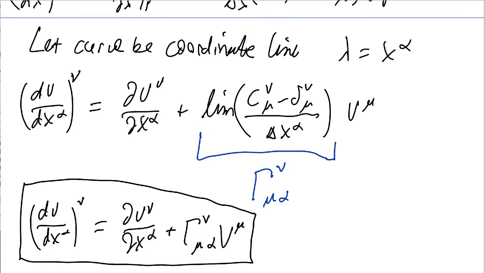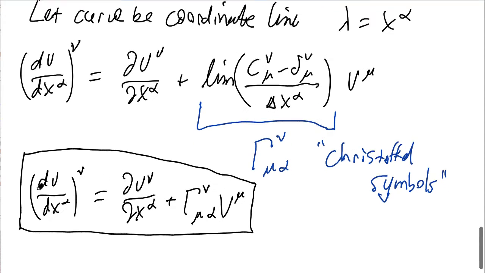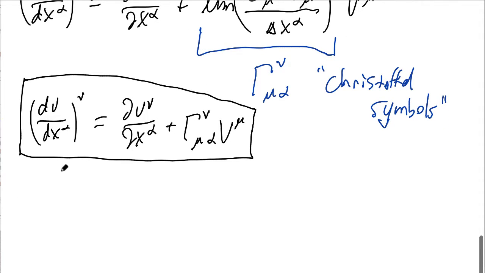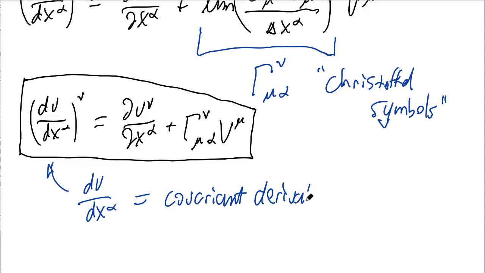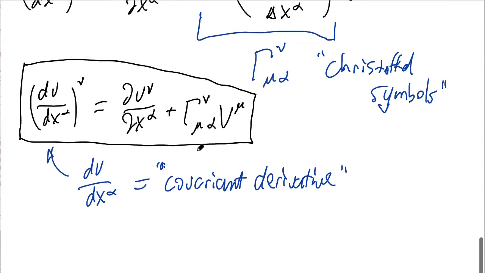The gammas are referred to as the Christoffel symbols, and this quantity dv/dx is referred to as the covariant derivative. We'll invent a more compact notation for this later on, but let's just be clear about what this expression means.